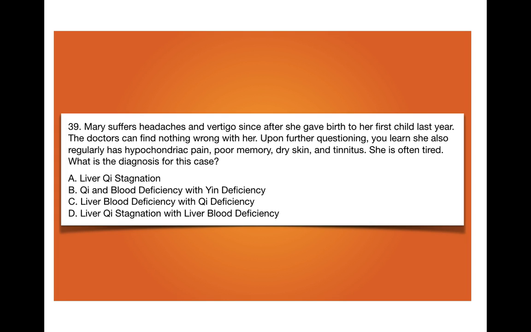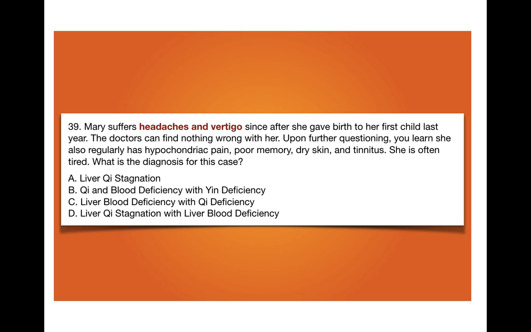I sort of trained myself at this point to scan the case studies looking just for the signs and symptoms that appear in the Zongfu patterns, right? I'd also include tired in there as well. Okay, so headaches and vertigo are our chief complaint. Now we're going to go down to the answers and we're going to translate those into 8 principles. And the first one, liver qi stagnation, is excess.